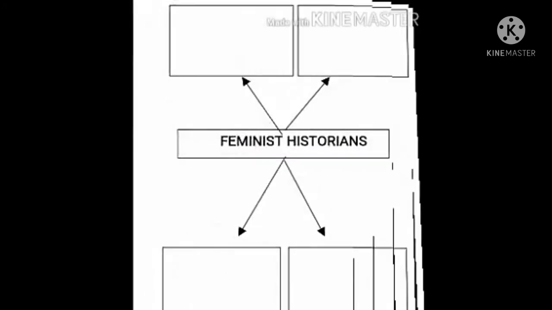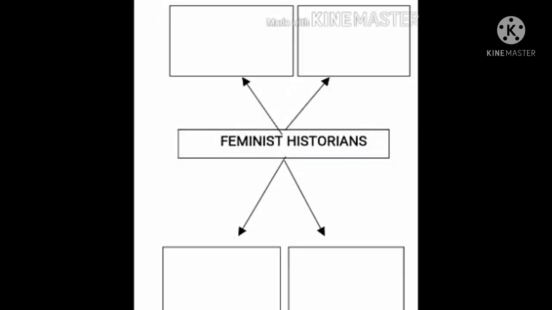Now let's solve the sixth web, that is feminist historians. Here you have to write down the names of women historians who have written books on women. So you have to note down the names of Indian feminist historians. The first one is Tarabai Shinde. Tarabai Shinde was the first feminist historian of India. So write down in the first box Tarabai Shinde.